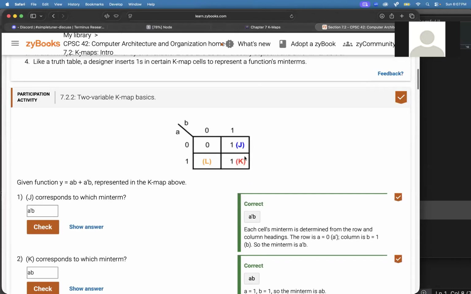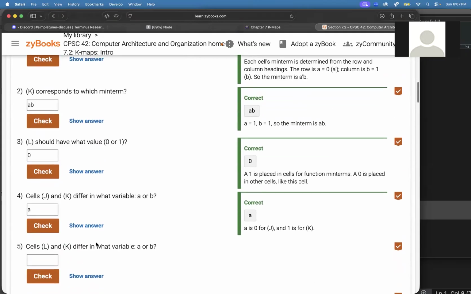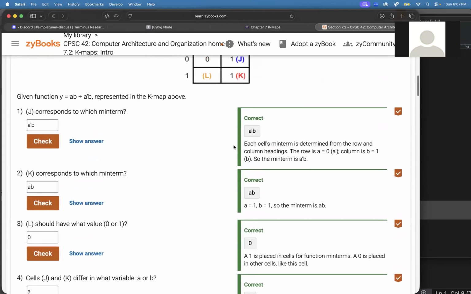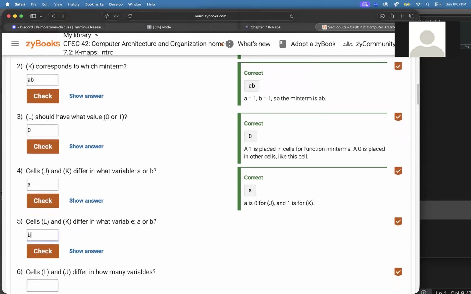So from J to K, what changes? A. L and K differ. This whole column is B equals 0, and this whole column is B equals 1. So these two, B0, B1, B0, B1. What changes? B.